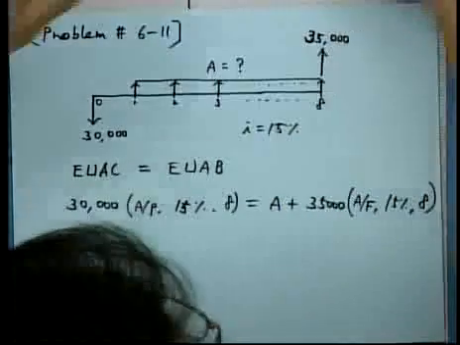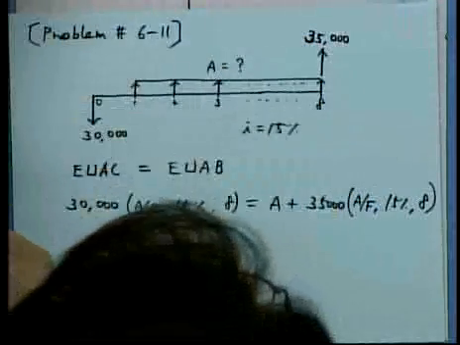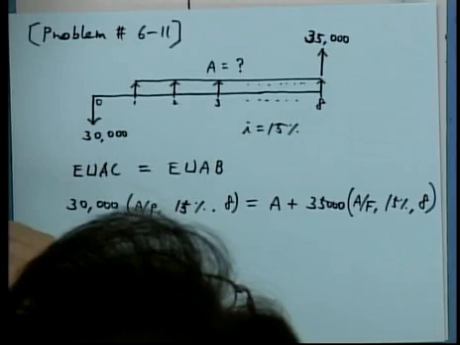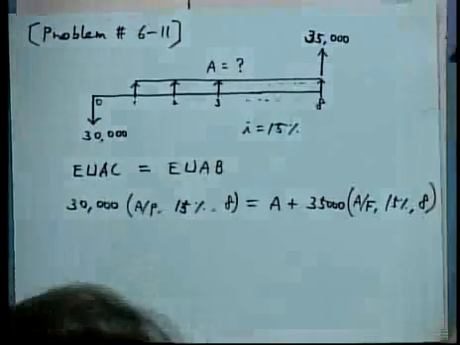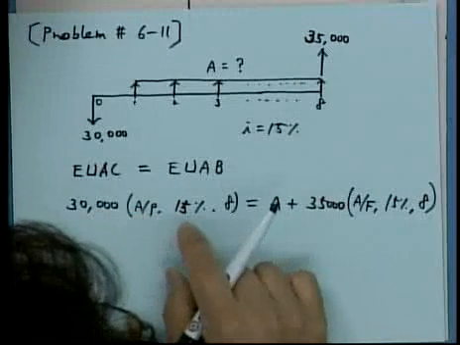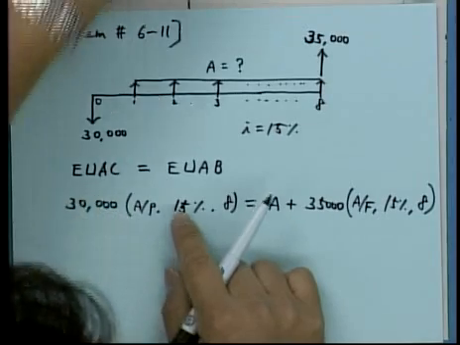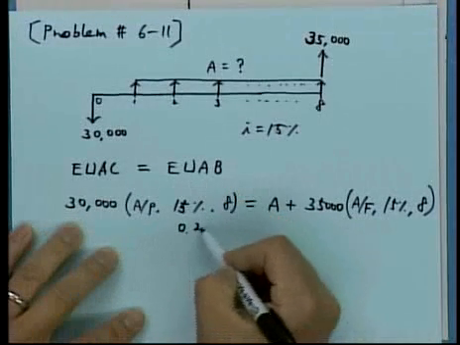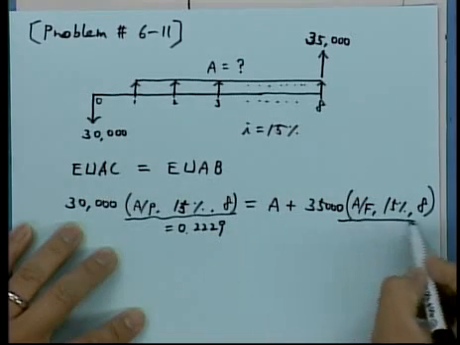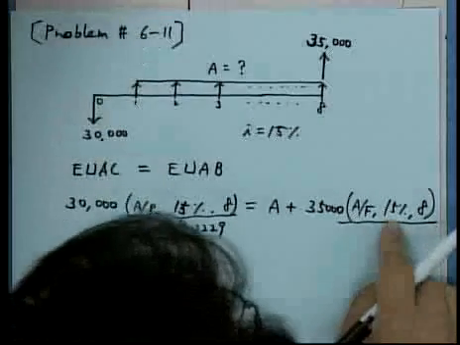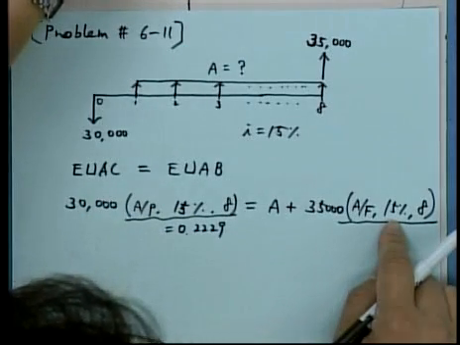So the 15% interest rate table can be found on page number 615 of our text. A given P over 8 periods is 0.2229. What about this A given F over 8 periods? It is 0.0729.